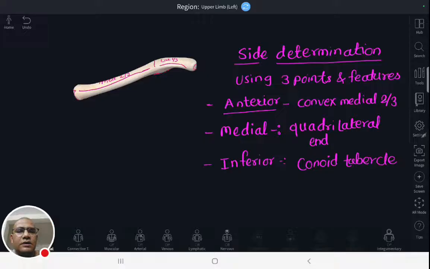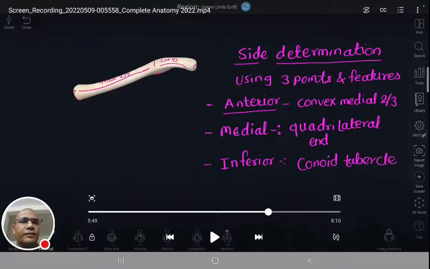So what are the three important features we should remember to determine the side of clavicle? Anteriorly it is convex in its medial two-third, and the medial end is quadrilateral. That is how we identify the medial end of the clavicle. To differentiate between superior and inferior surface, look for conoid tubercle rather than any other feature, as it is a very prominent feature on the inferior surface.